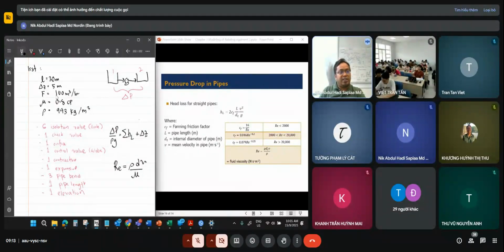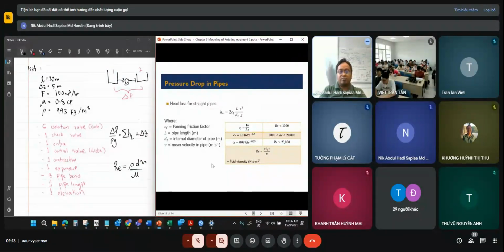We are only given the flow rate, 100 meter cube per hour, and we need the velocity in order to calculate the Reynolds number.